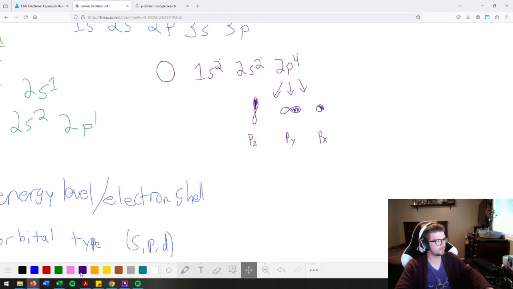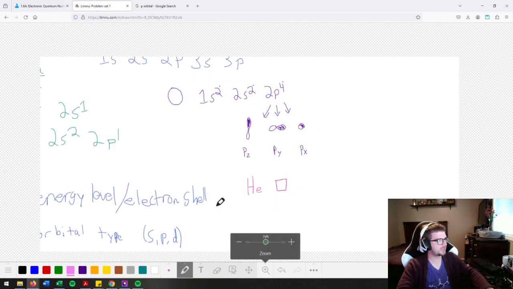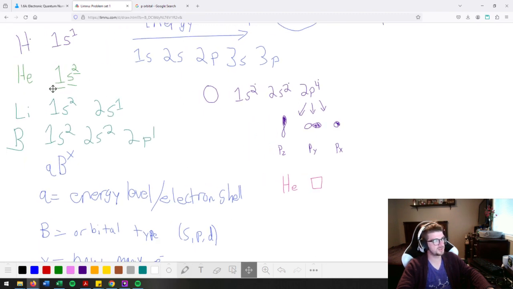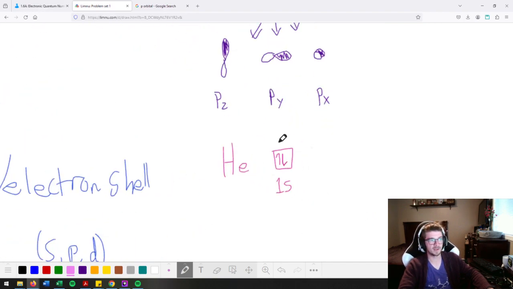But I want to show you a different way that we'll sometimes use to signify orbitals. For helium, remember helium has just 2 electrons, and they're both in the 1s orbital. And so we would just designate this box as the 1s orbital, and it contains 2 electrons in it. And so that's another way of representing the electron configuration of helium.